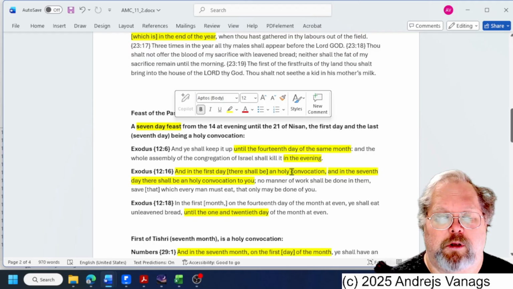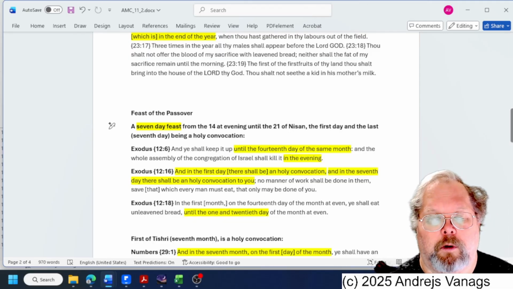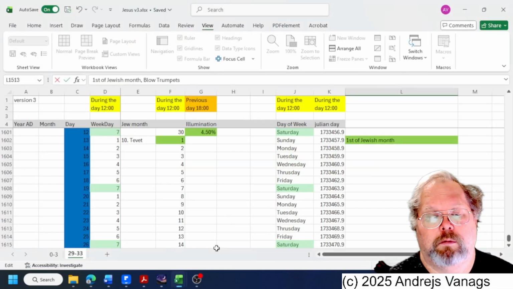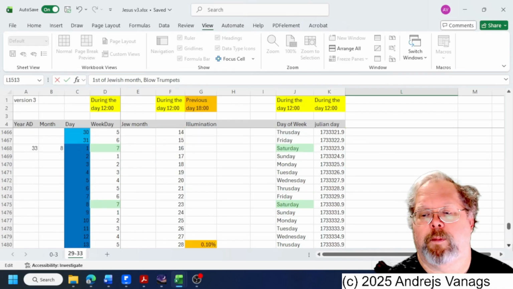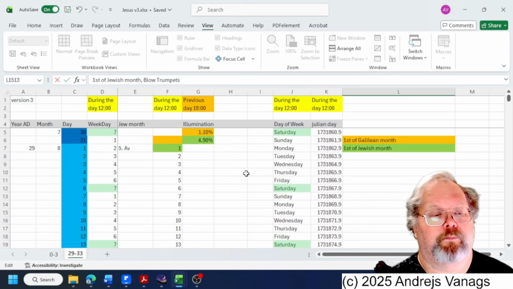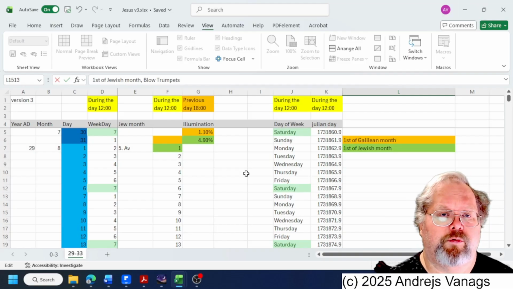The first day should be a holy convocation, and the 7th day should be a holy convocation. And it lasts until the 21st day at evening. So, simple enough. That seems pretty clear. No confusion there. The Pentecost will be more difficult, so I'll probably leave it for another episode.